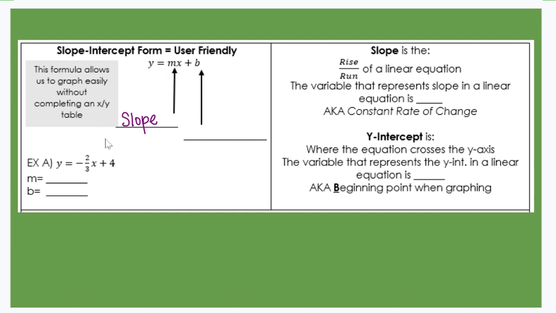It is always located in front of x because it is the coefficient of x. This tells us a lot of things about our line. It tells us the steepness, it tells us the direction of the line, and it also helps us to graph the line if we're creating it.